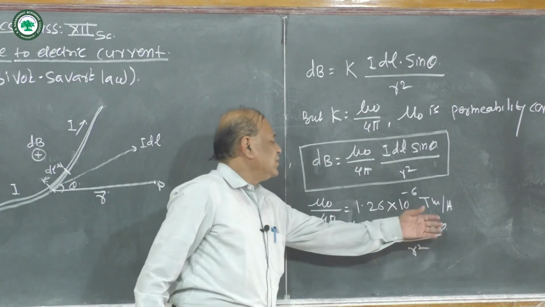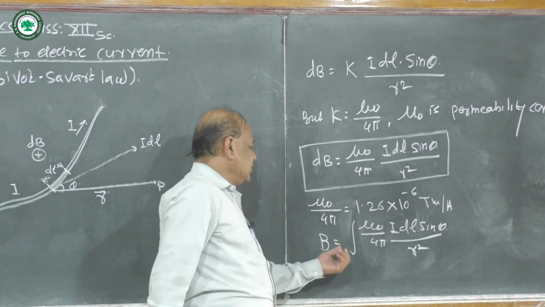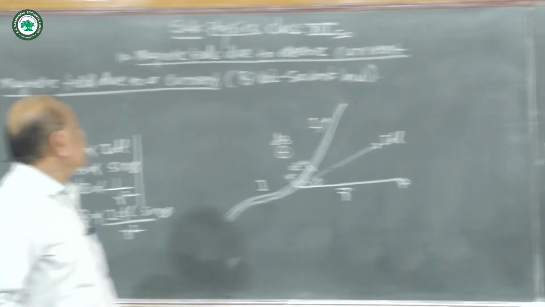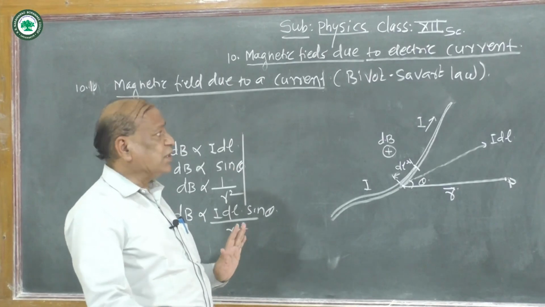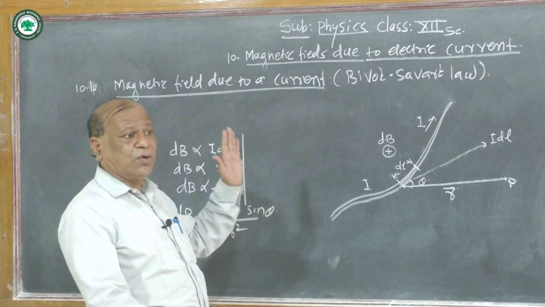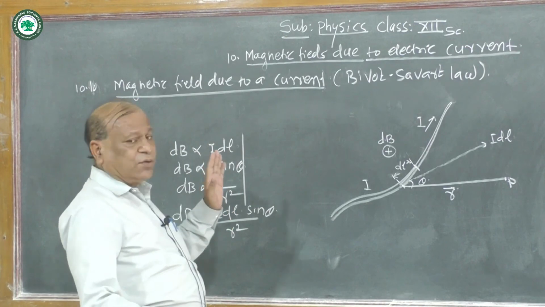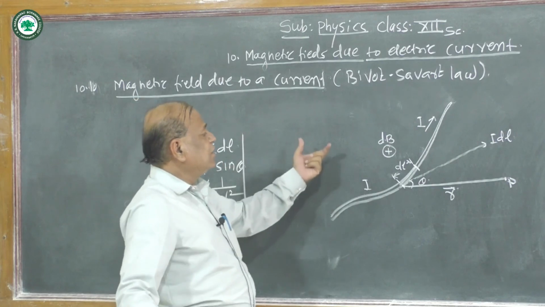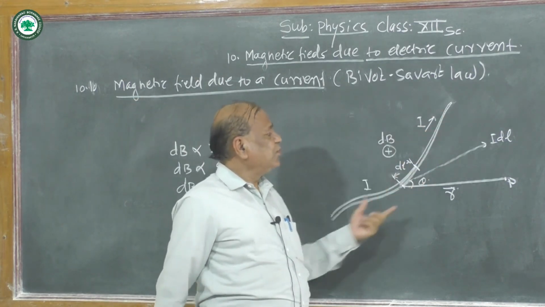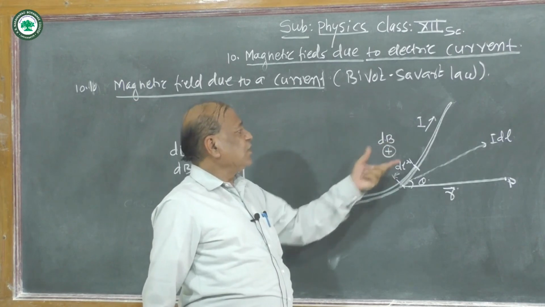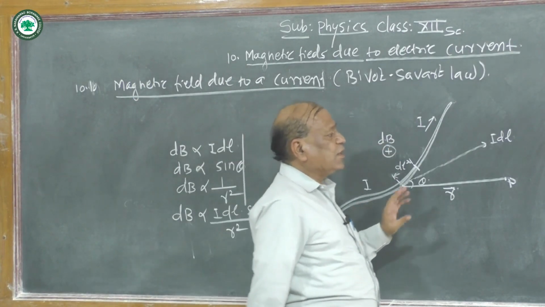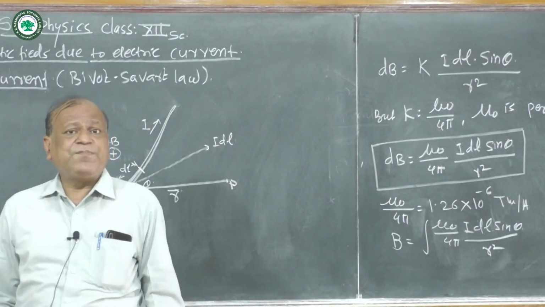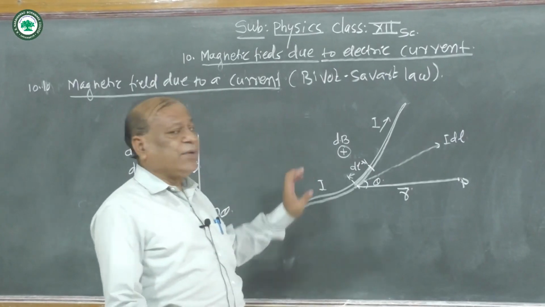Taking the constant terms outside the integration sign, we get the total magnetic field due to current using this Biot-Savart law. Easily you can state the Biot-Savart law, and we also explained it by drawing this figure of an arbitrary current carrying wire. Then mathematically we get the value of the magnetic field due to current element dl.